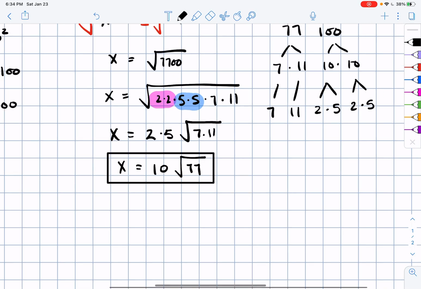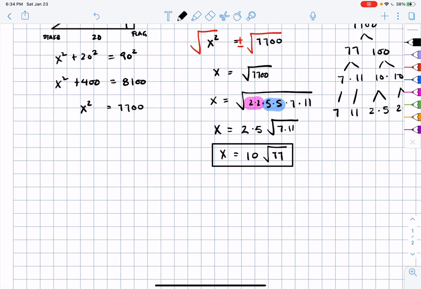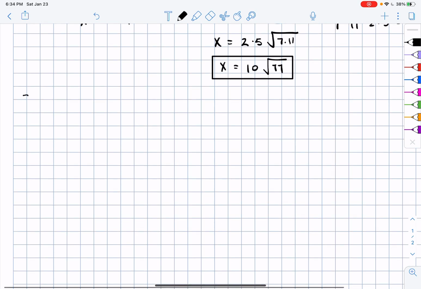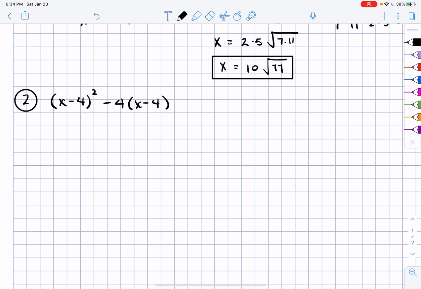There we go. All right, on to number 2. Number 2 has x minus 4 squared minus 4 times x minus 4 minus 5 is equal to 0.